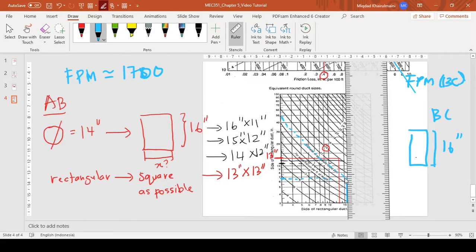But remember, as square as possible. So as square as possible, we reduce the height. So we look at the best possible fit.